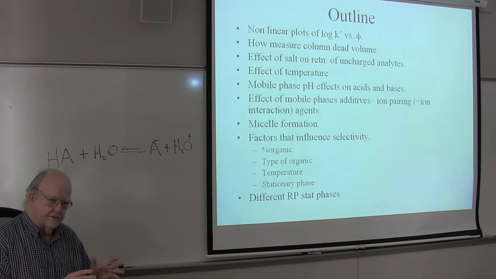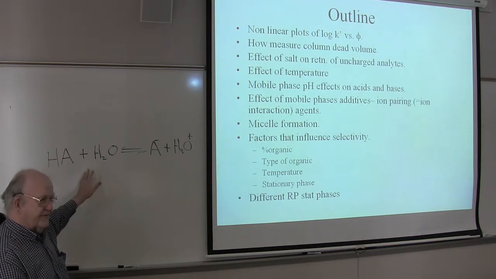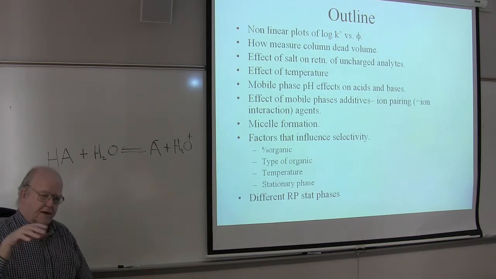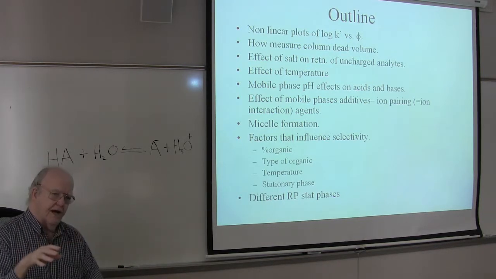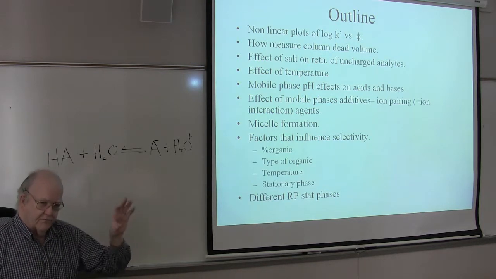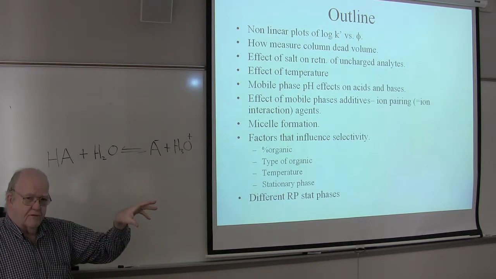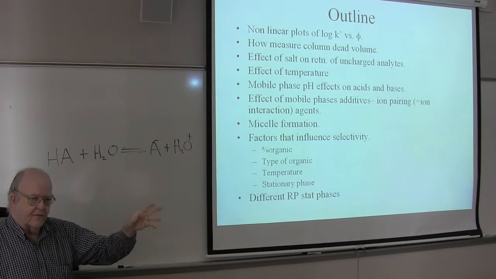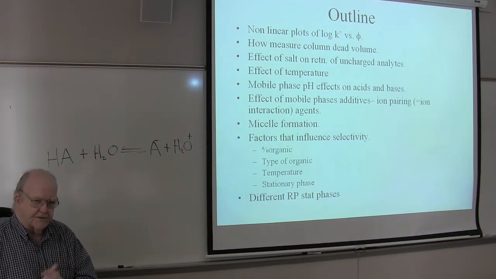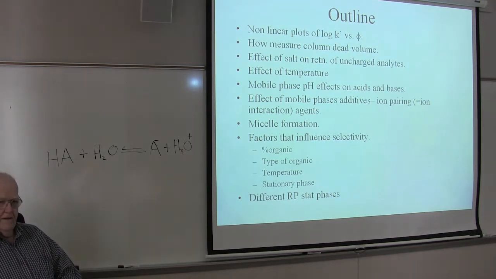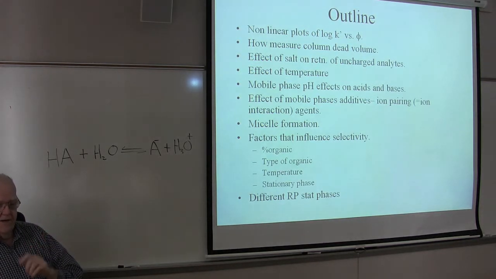You don't want to inject an acid sample or a base sample into an eluent which has a very different pH. You want to pre-buffer that sample by diluting it with some of your eluent to get the pH adjusted properly. Okay, there's only one peak for an HA, A- pair.